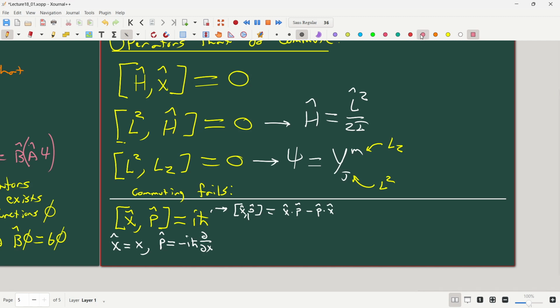What I'm going to do is add a psi, a wave function, to the outside of this because it helps us see the math a little bit. So I'm going to FOIL this, distribute this out. This is taking the measurement of momentum first on the wave function, then measuring x, and then subtracting from it the momentum measurement after we measure the position.